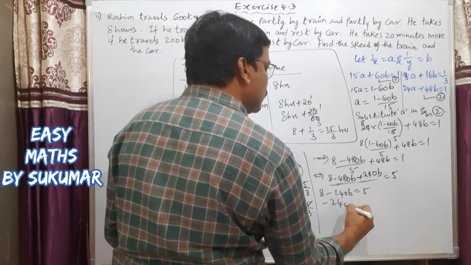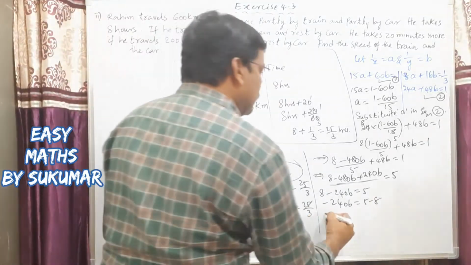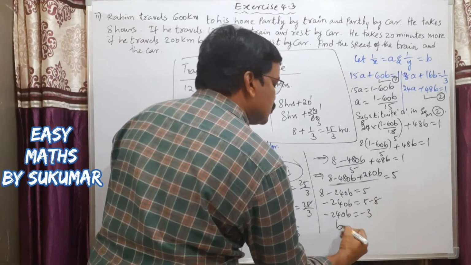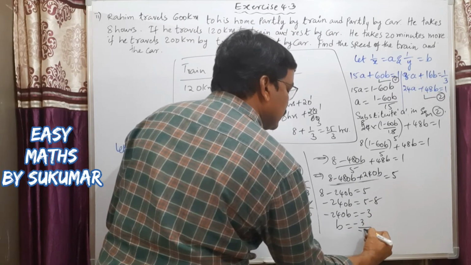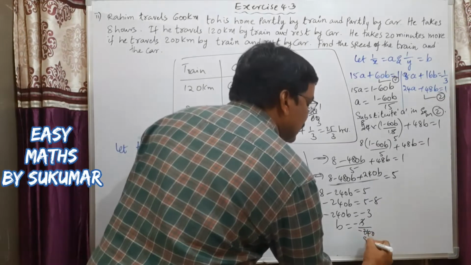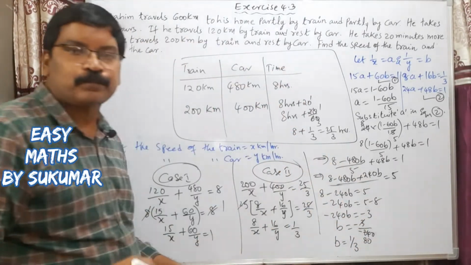So minus 240b is equal to 5 minus 8, so minus 240b is equal to minus 3. So b is equal to minus 3 by minus 240. 3 into 80 is 240, so b is equal to 1 by 80.